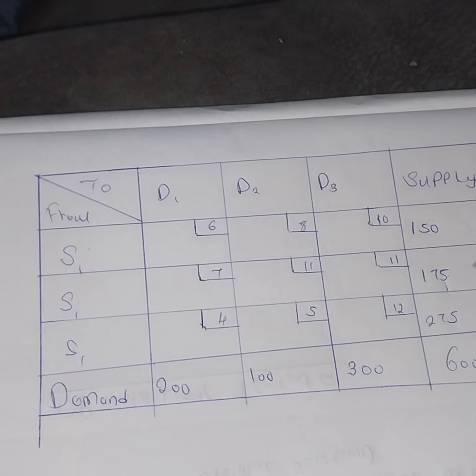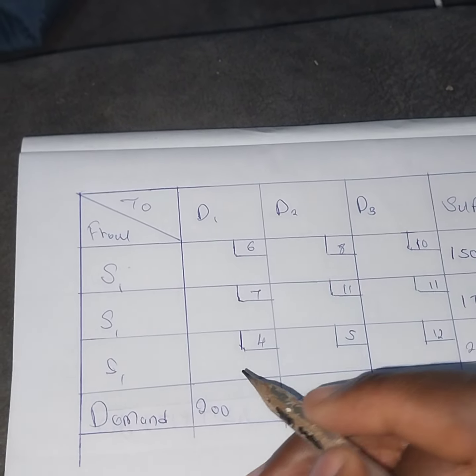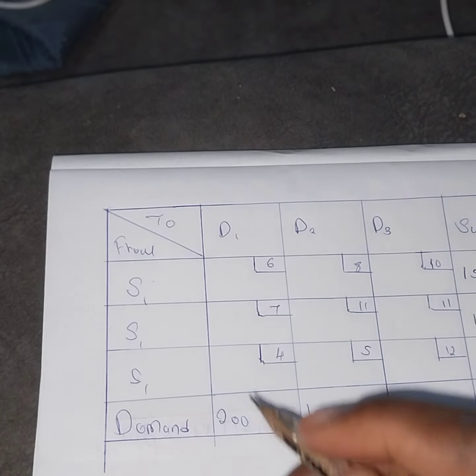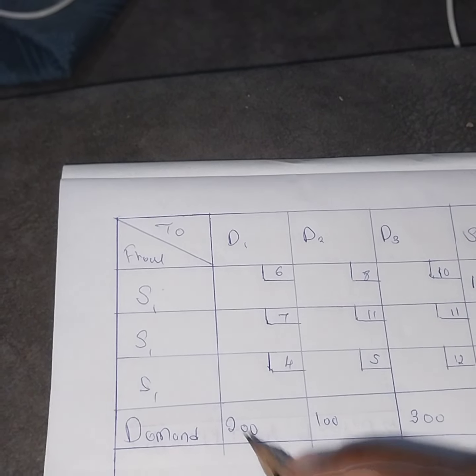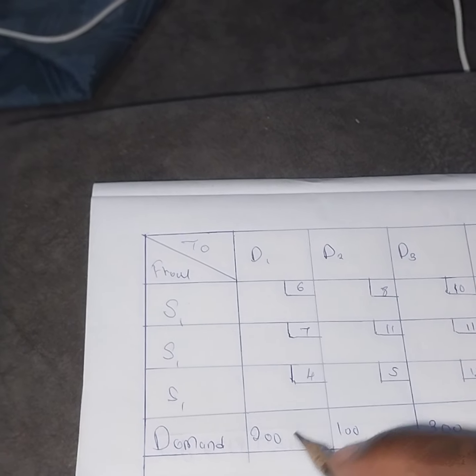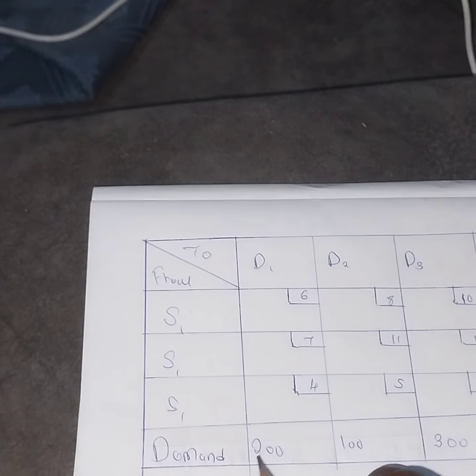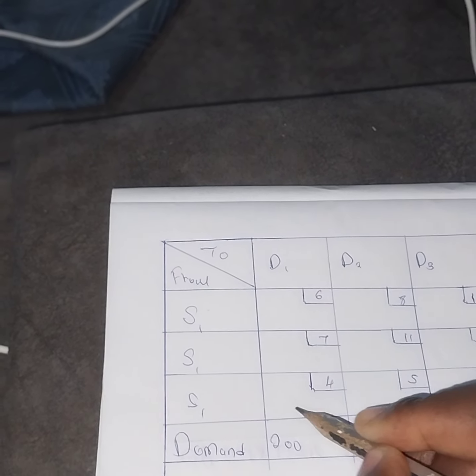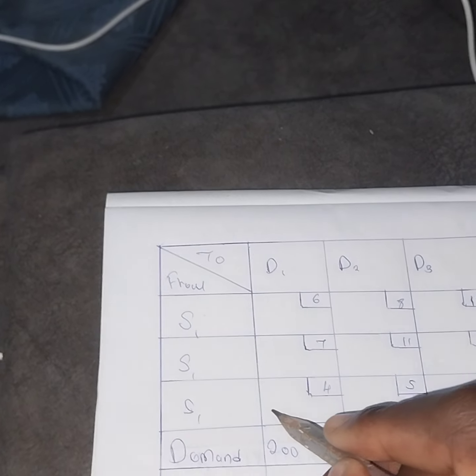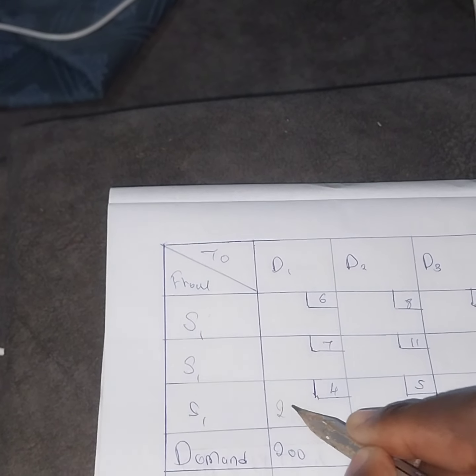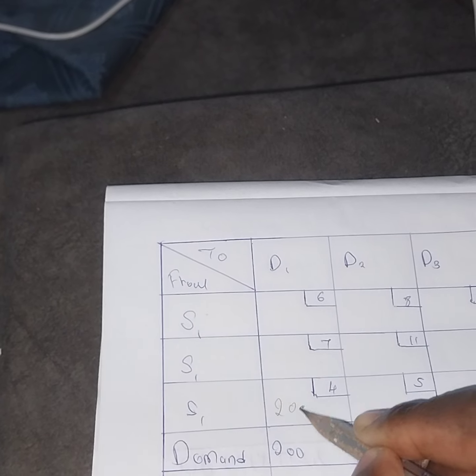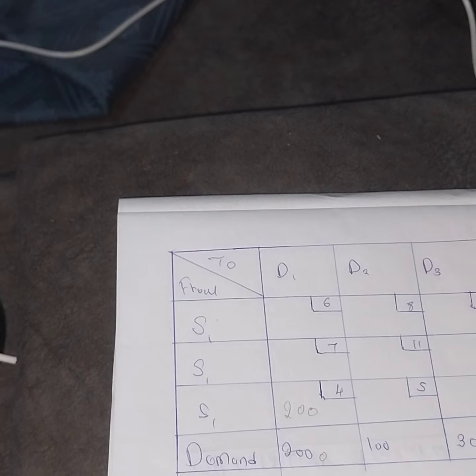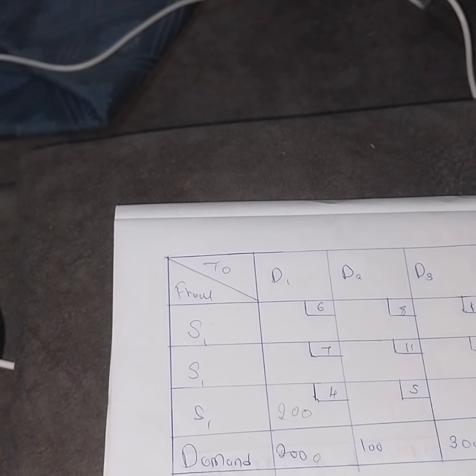So we can transport 200 tons from source 3 to destination 1 at 4,000 shillings per unit, and have 0 here, and we'll subtract 200 here, we'll have 75 tons remaining.